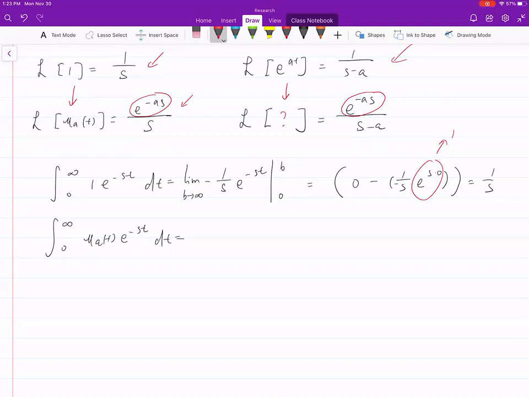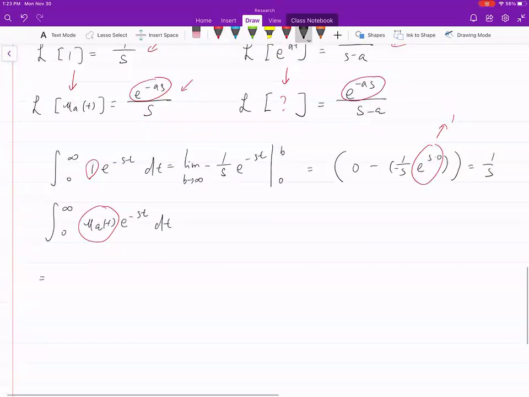Okay. What will change if I replace your 1 to be this uat? Number 1, it won't change much. Number 2, what are you going to do? Let's do the same thing. Number 1, this one goes from 0 to a, 0 e to the negative st, which is basically not there.